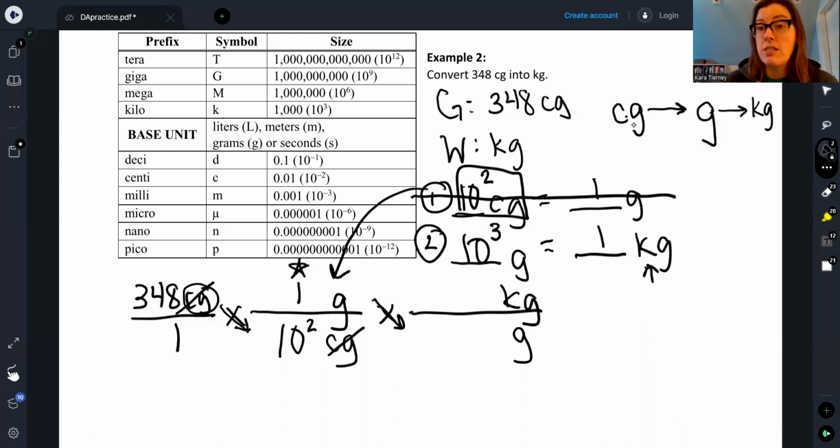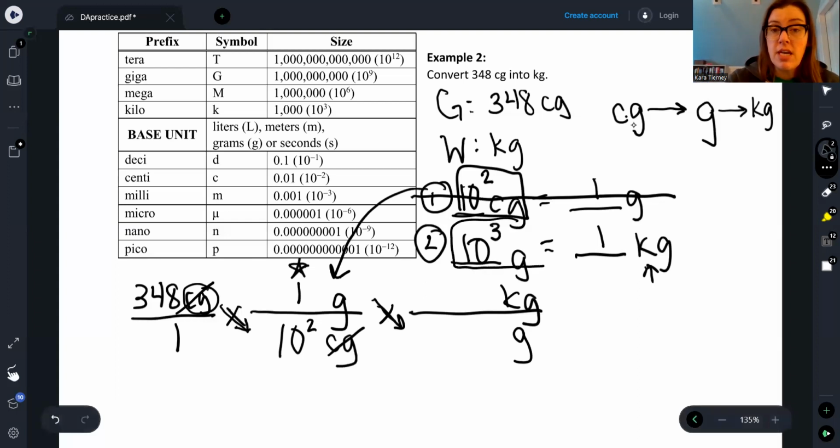I look at my units, kilogram and gram. I find my equation that has those two units related to each other. That's our second equation, grams and kilograms. Just like we did for the other fraction, I look at one of the numbers, 10 to the third.